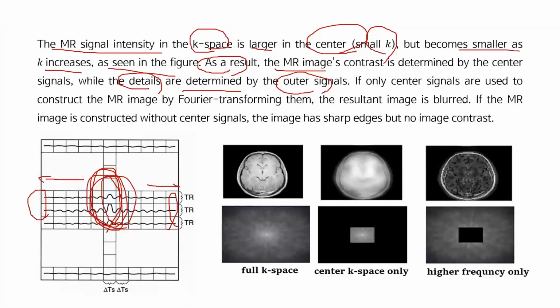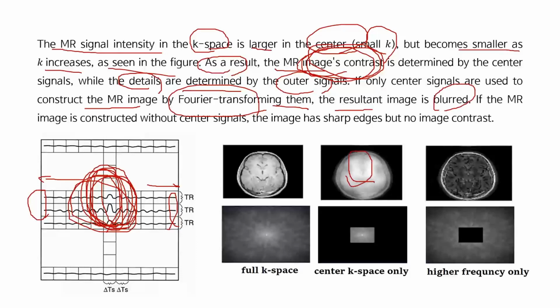So intensity is largest at the center, so this portion of signal gives the signal intensity of the image, or image contrast. If only center signals are used to construct the MR image by Fourier transforming them, the resultant image is blurred.